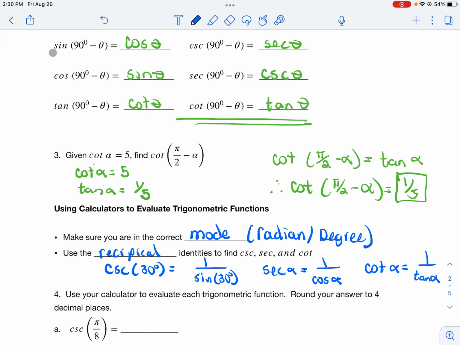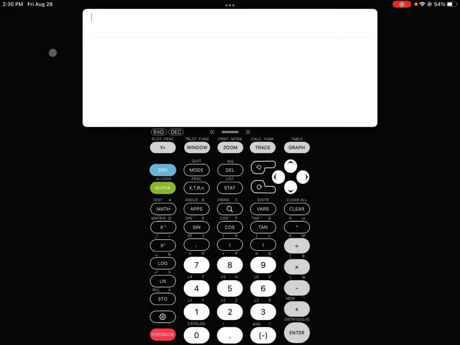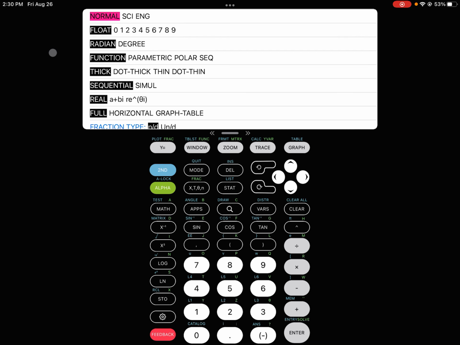All right, so what I want you to do now is go to your graphing calculator. Here's a TI-83, I think. It might be 84. But this is my graphing calculator that we're going to use. The very first thing is you're going to find your mode. For this calculator, the mode is found right by that blue second button.